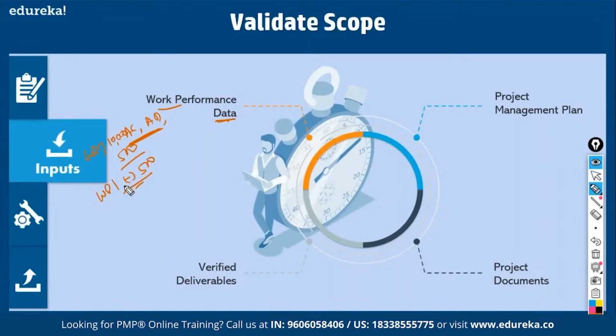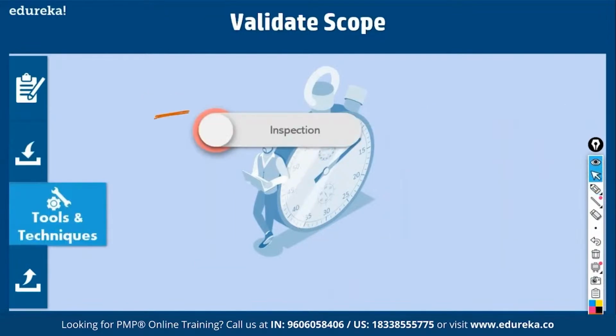So basically, when you validate scope, the customer will ask you for test data that you have to provide. Then with all this, what happens? The customer inspects. Who does the inspection? The customer does the inspection, right? He inspects the results, and takes a decision whether the sign-off can be given to this product or not. That is called decision making.